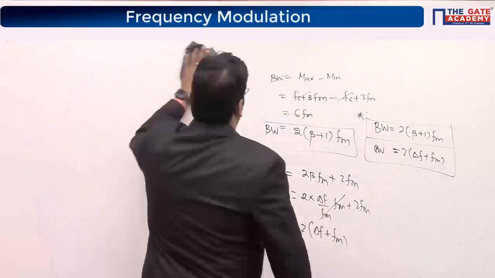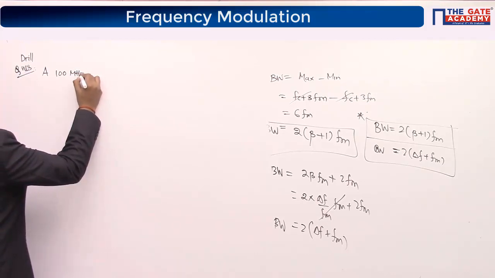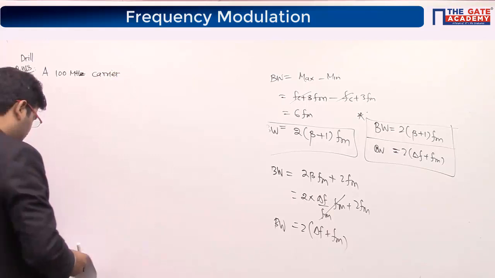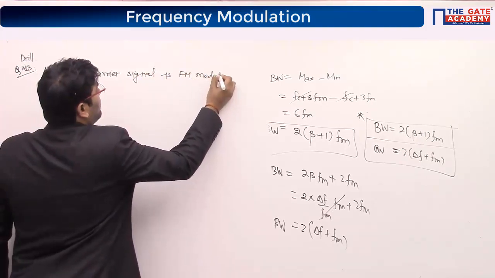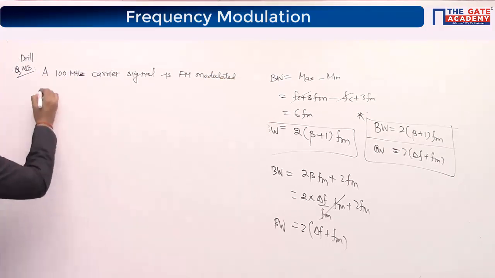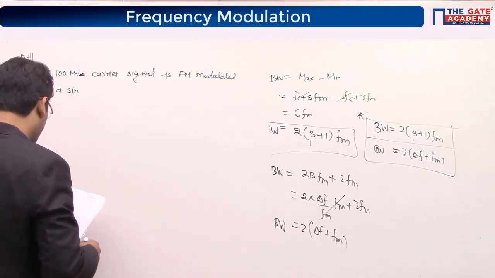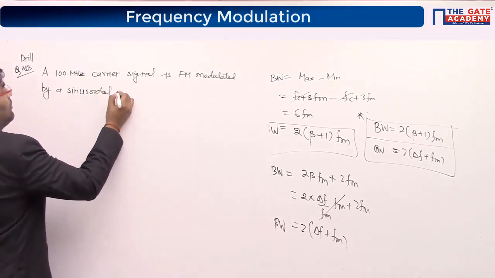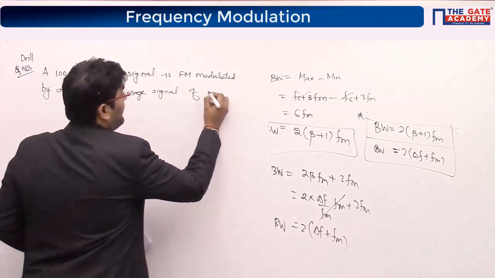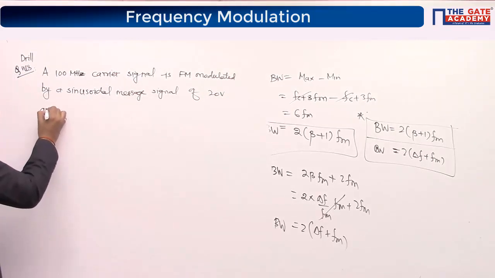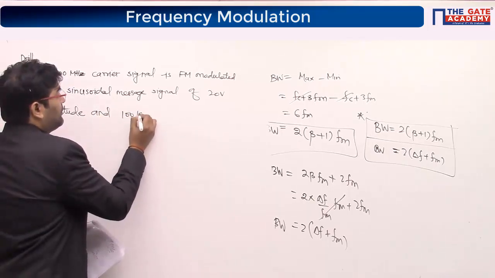Anything, guys? It's a drill question. A 100 megahertz carrier signal is FM modulated by a sinusoidal message signal of 20 volts amplitude and 100 kilohertz frequency.